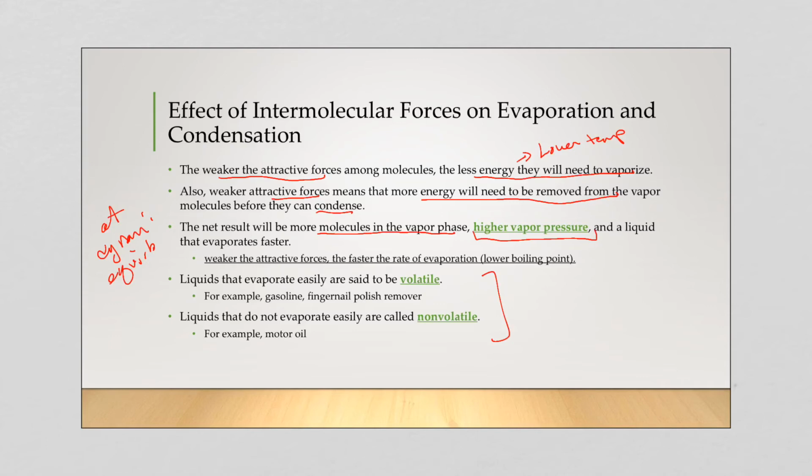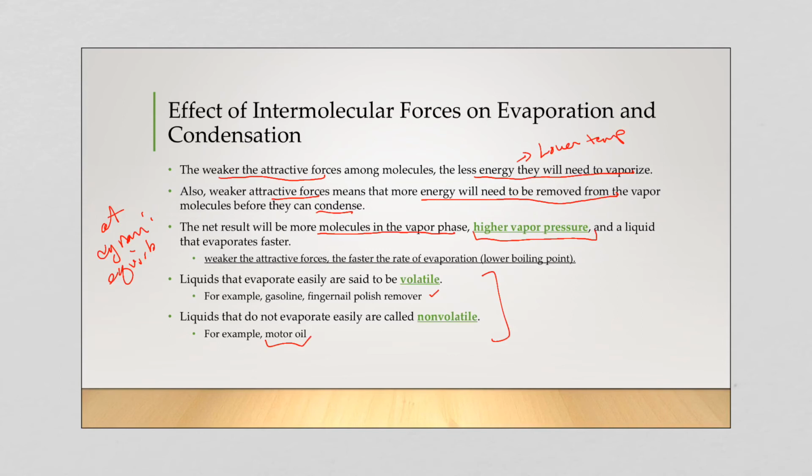Low vapor pressures are said to be non-volatile. Right? Example, motor oil. And of course, there's a lot of liquids that are somewhere in between, that we really wouldn't consider volatile or non-volatile. They're just kind of not at the extremes, like water, for example. Water's not really lumped in with these types of volatile, but it's clearly more volatile than something like motor oil.